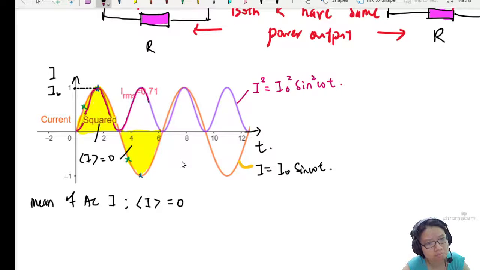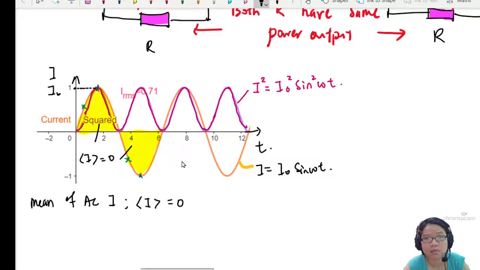I think it's okay because the shape doesn't deviate that much, but at the same time, this sine square graph that I'm trying to trace out now, when you think about it, we are defining this using power. Okay, so when we use power, what is the equation for power dissipated in the resistor? What do you think?